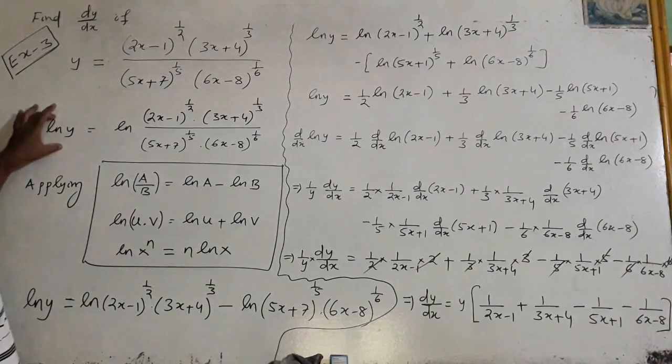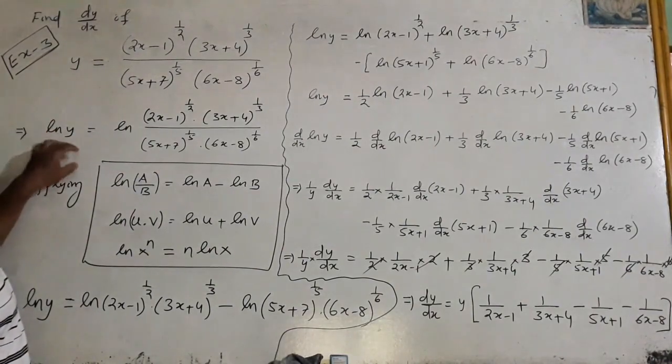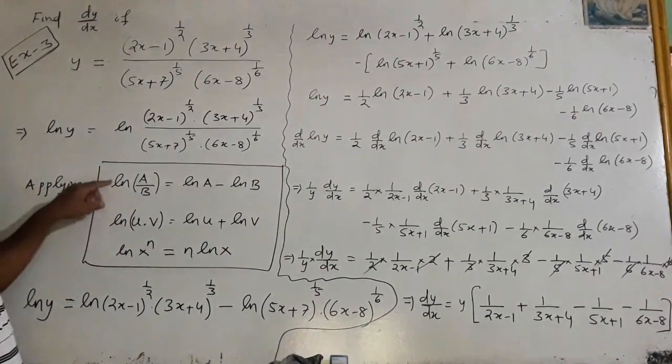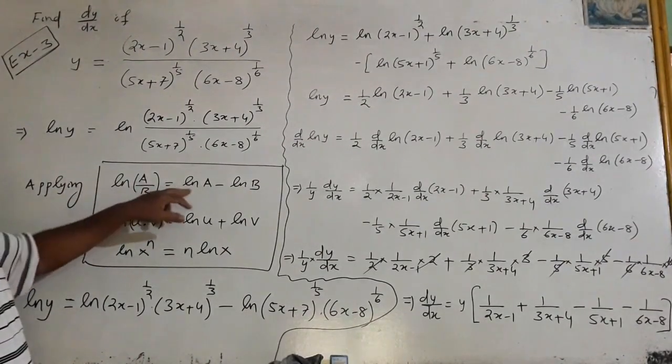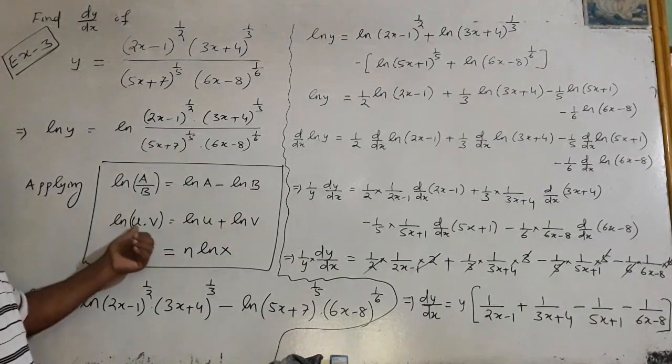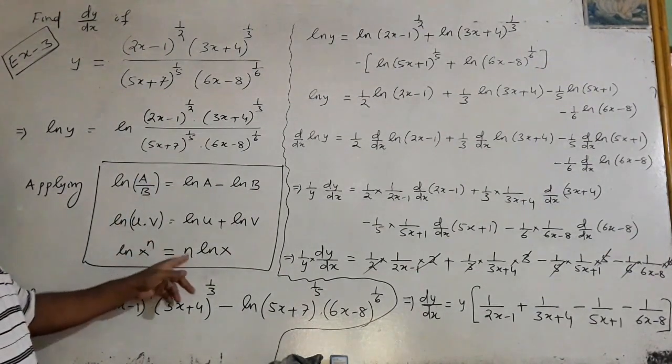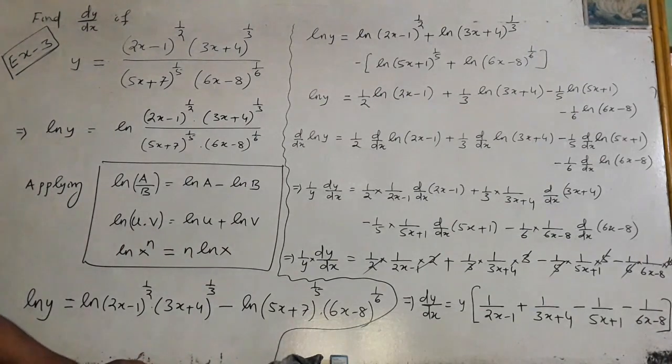Take the logarithm of both sides: log y is log of this whole expression, applying these three formulas. Log a by b, you know, is log a minus log b. Log of a into b is log a plus log b. Log x to the power n is n log x.